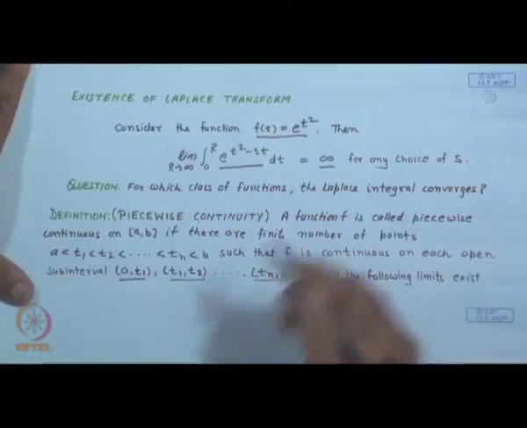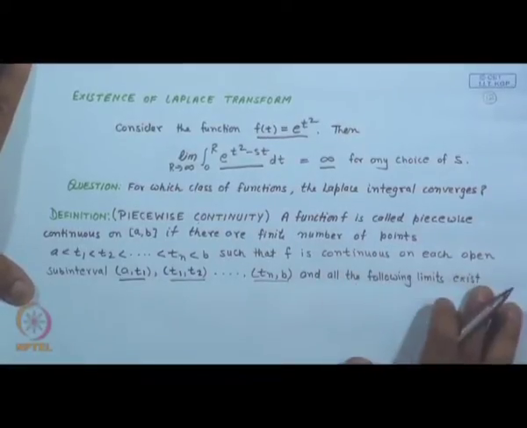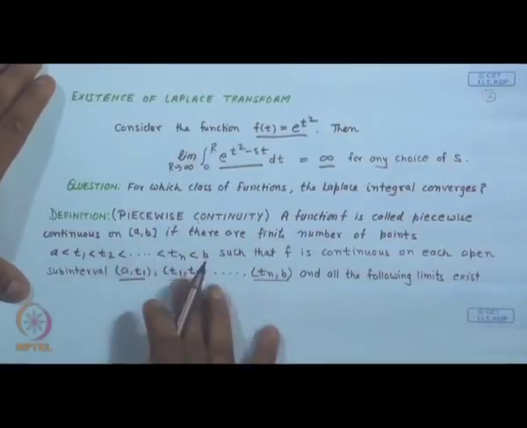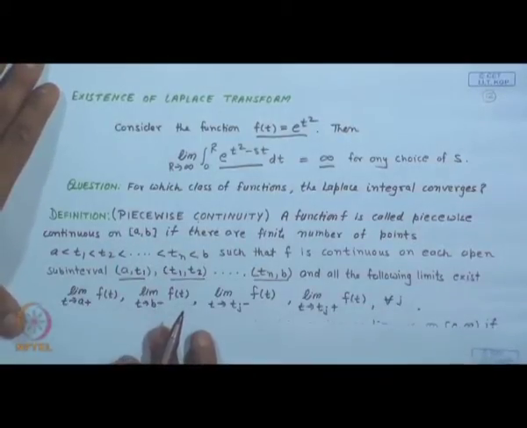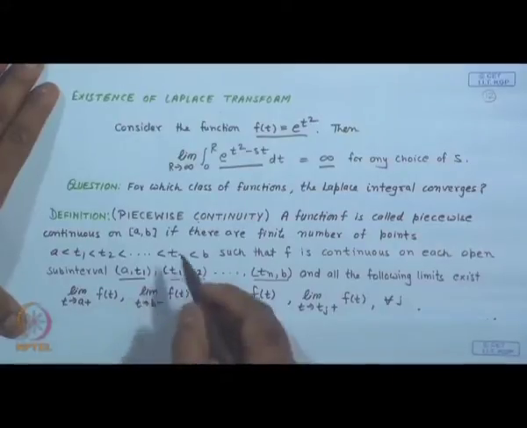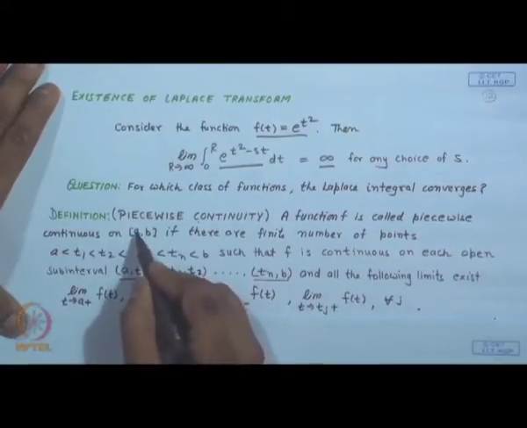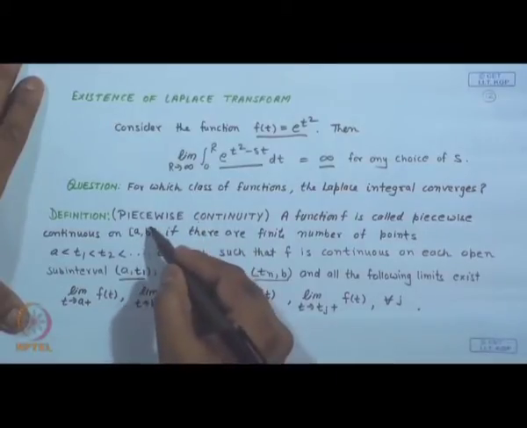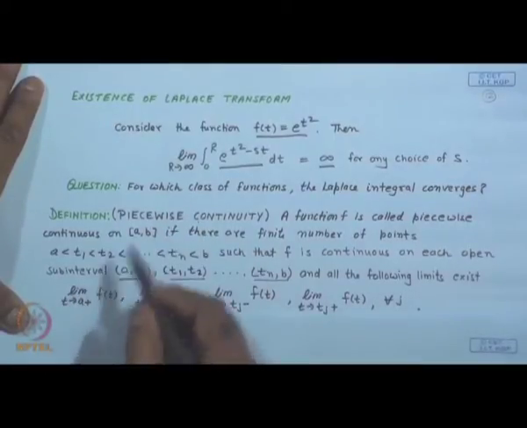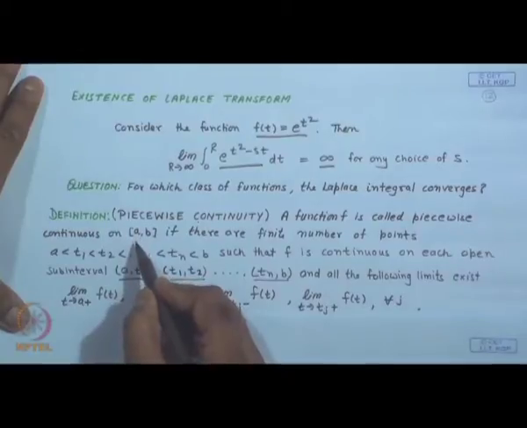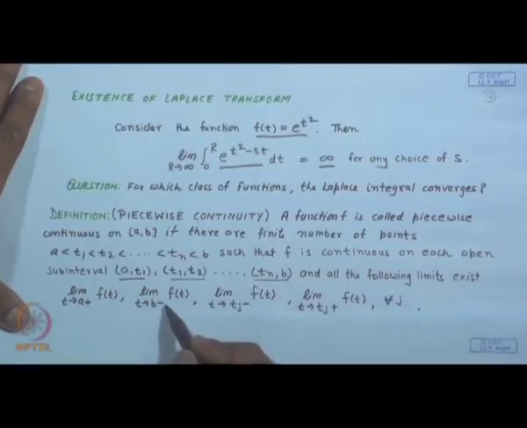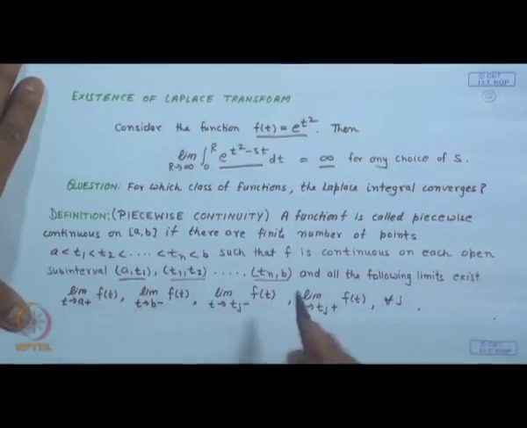In addition to that, the following limits should exist. These are basically the right limit of the function as t approaches a, so to this end a, and the left limit as t approaches b of the function f of t; they should exist.